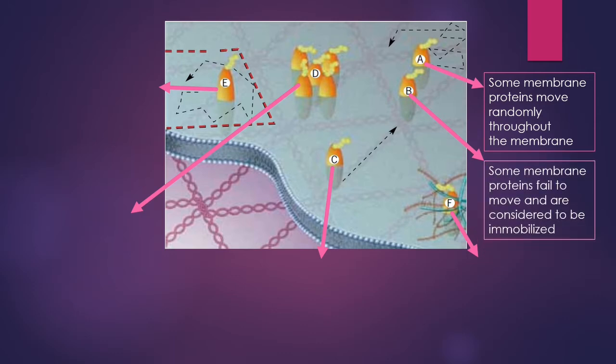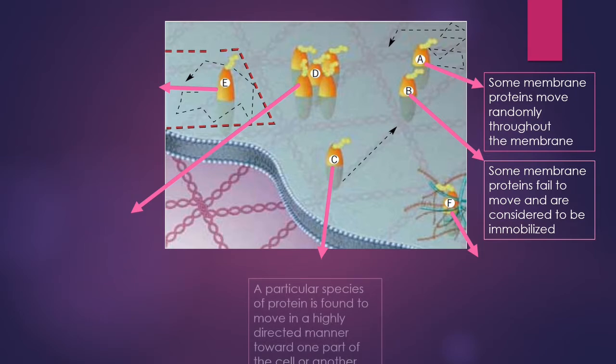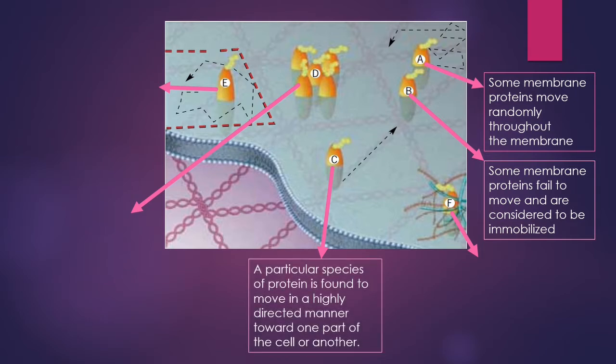Some membrane proteins fail to move and are considered to be immobilized, as illustrated in the figure by protein B, while in some cases a particular species of protein is found to move in a highly directed manner towards one part of the cell or another, as illustrated by protein C. For example, a particular membrane protein may tend to move towards the leading or the trailing edge of a moving cell.